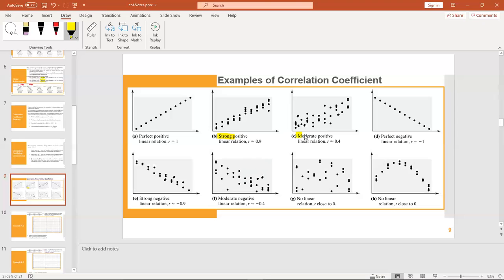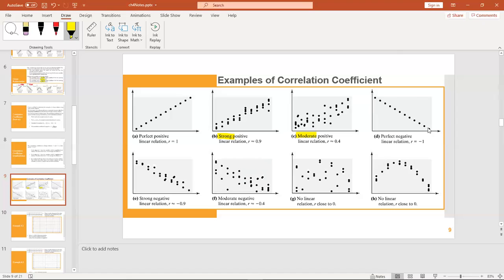If you have a moderate or weaker relationship, they're going to be much more spread out. So strong means packed in tightly close together. Weak means they're all kind of spread out and not all that close together.